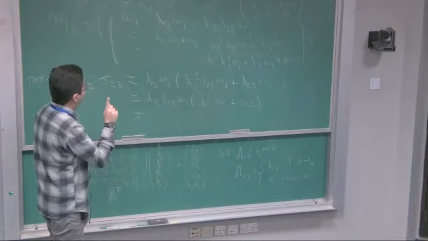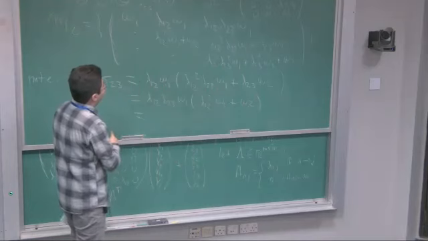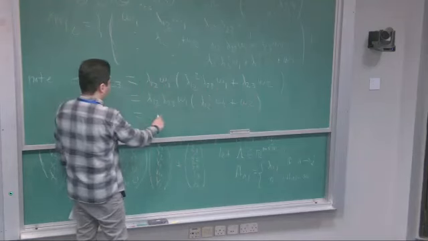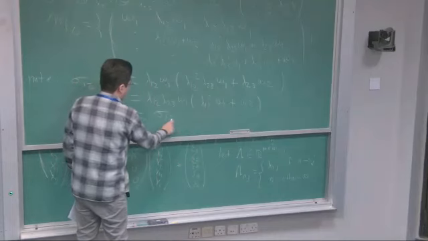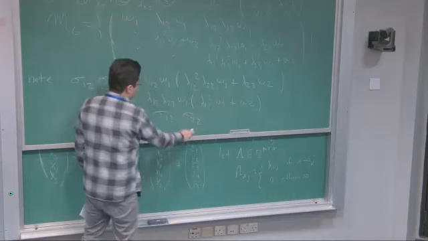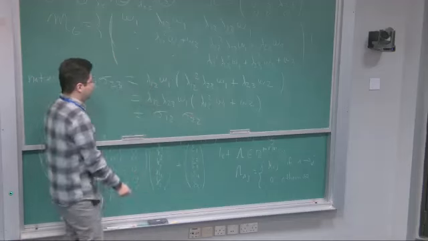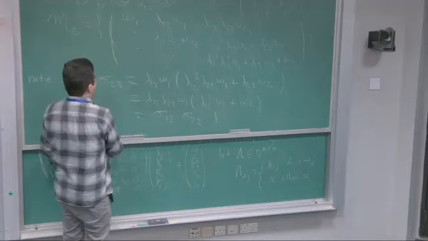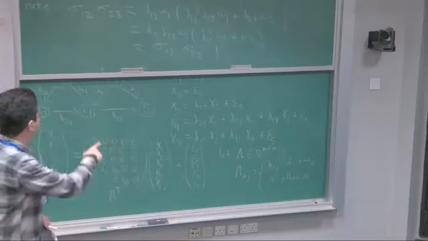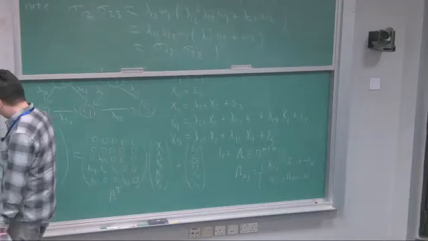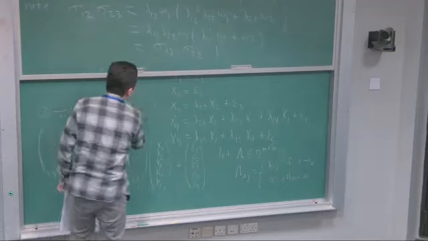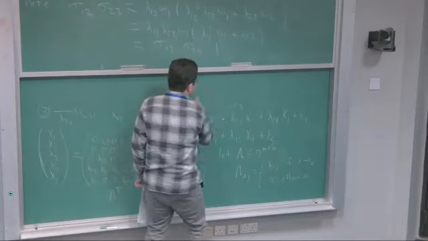But this is exactly sigma 1,3, and this is exactly sigma 2,2. So a miracle happened. That means that the equation that we get is a binomial.